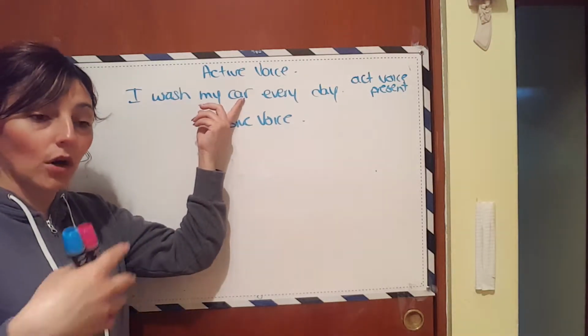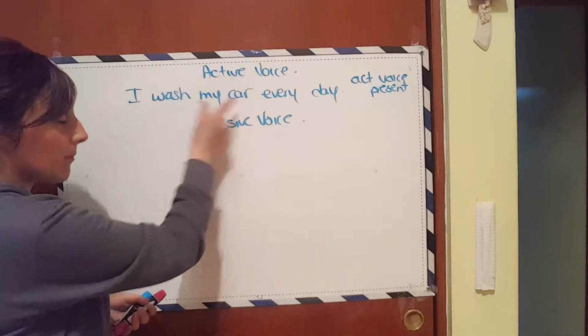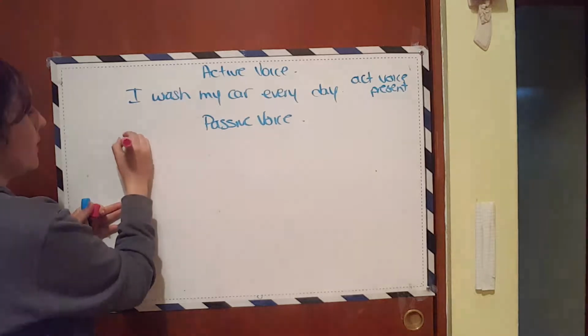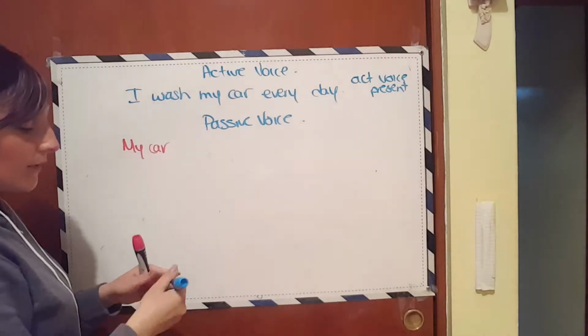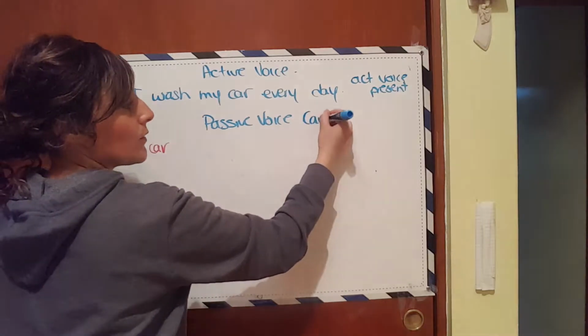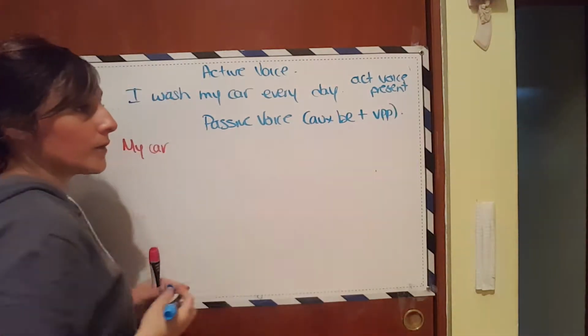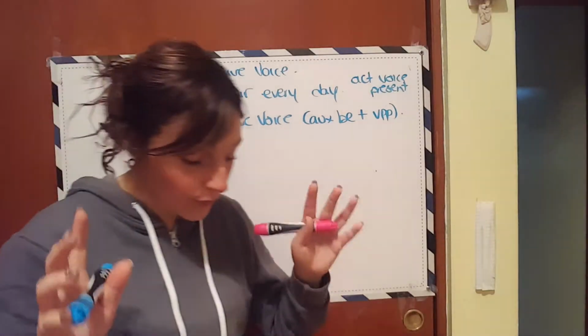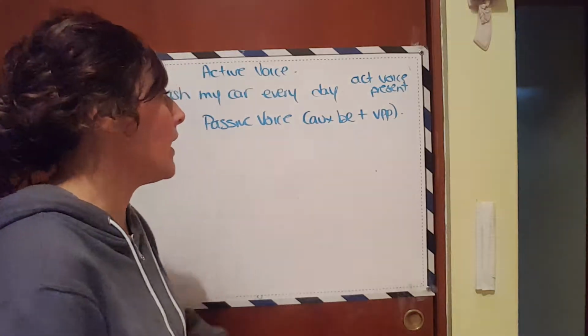I concentrate on my car because this is the important thing. So then I'm going to take my car. And remember that for the passive voice, we have to use the auxiliary to be plus the verb in past participle, right? If you really know the conjugation of the verb to be, this is very easy to do, okay?